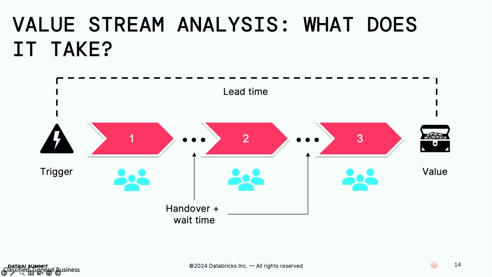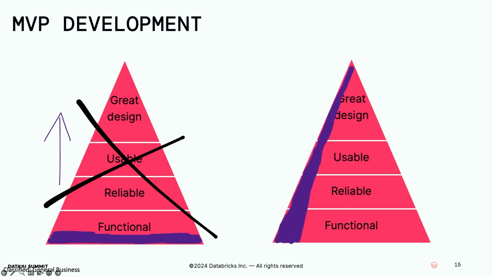That naturally creates a handover and wait time associated with that handover that you could avoid if you follow this build, measure, learn cycle. So when you follow this cycle and develop your MVP, instead of going all the way from the bottom to the top in a sequential way, you iterate through all of these steps many times.